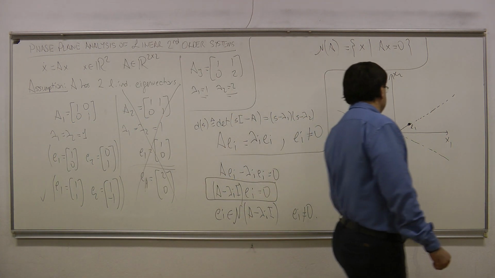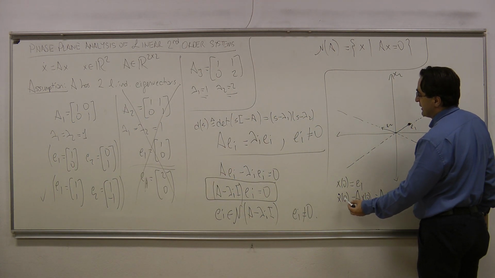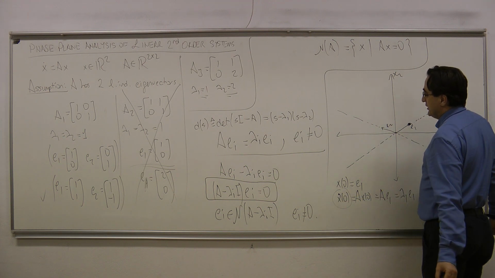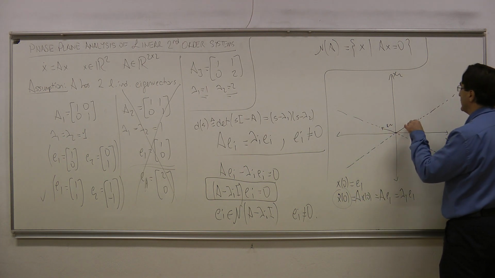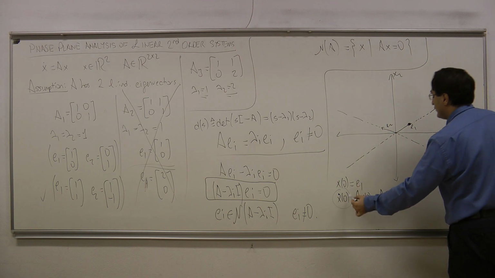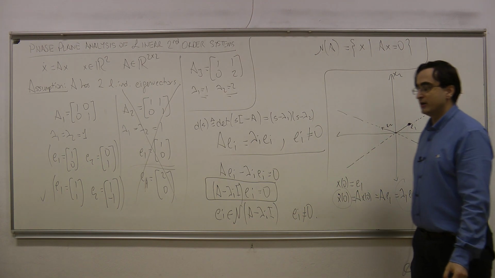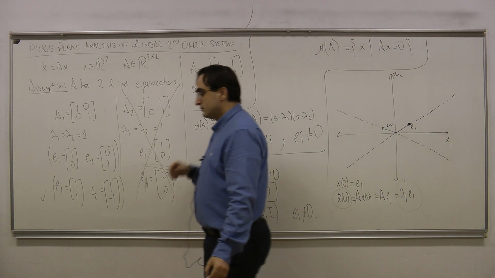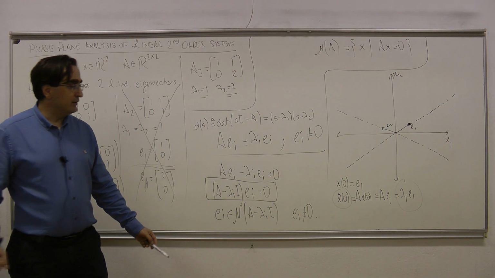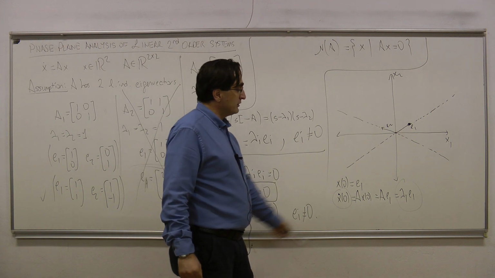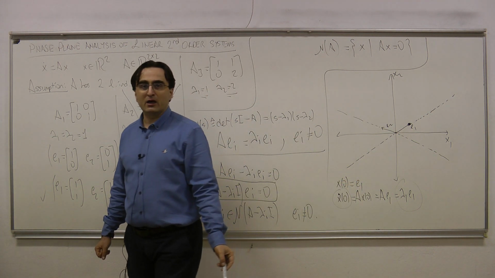So what does this tell me? This tells me that the initial velocity of the state, when I started here, is going to be a scalar multiple of the same eigenvector, and the scalar coefficient is just the eigenvalue.